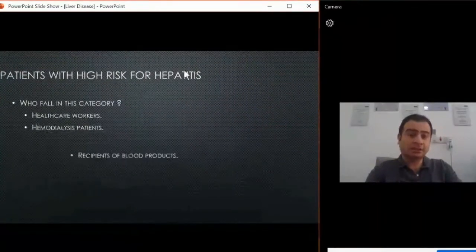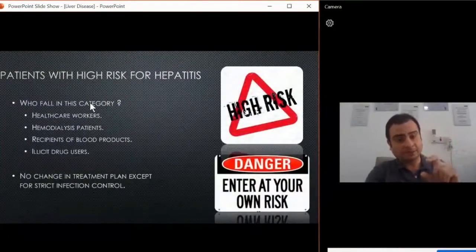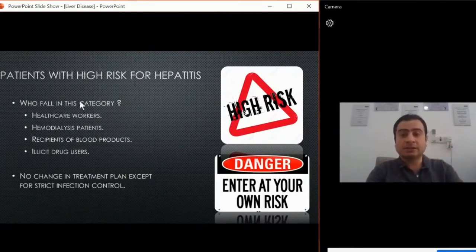Patients at high risk for hepatitis. There are certain patients who fall under this category, who are deemed to be high risk for having hepatitis. For example, healthcare workers, renal failure patients who undergo hemodialysis, recipients of blood products, as we have just said, patients with anemia or hemophilia, and illicit drug users who share the same needle.